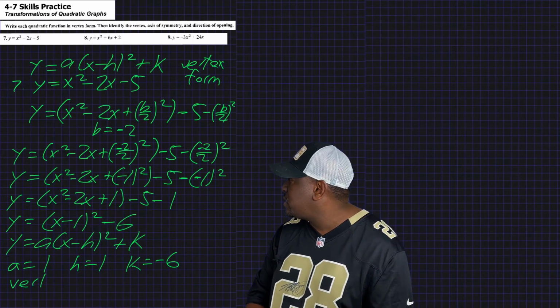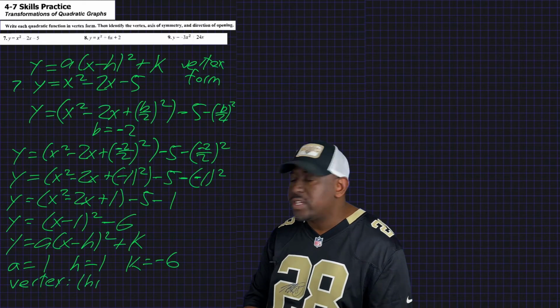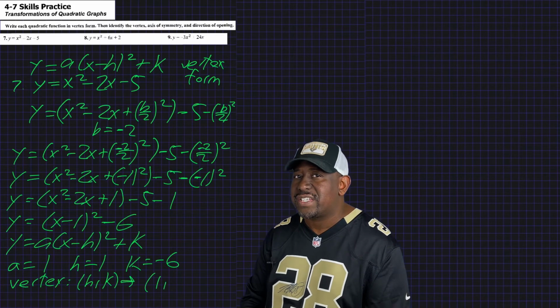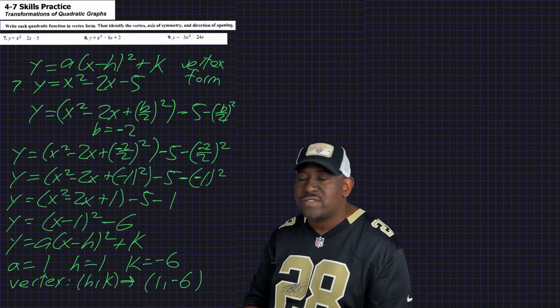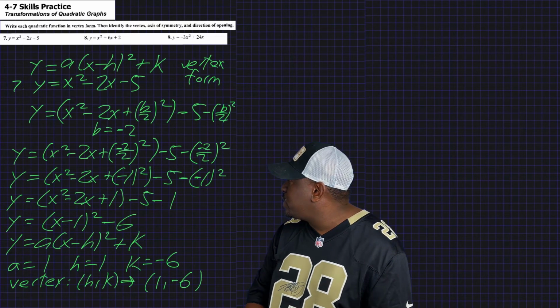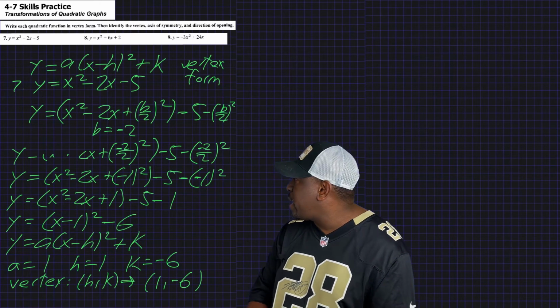A is 1, h is equal to 1, and k is equal to negative 6. Since we know the vertex is in the form (h, k), the vertex in this problem will be (1, negative 6). Now we have to find our axis of symmetry, which will happen in a sec.